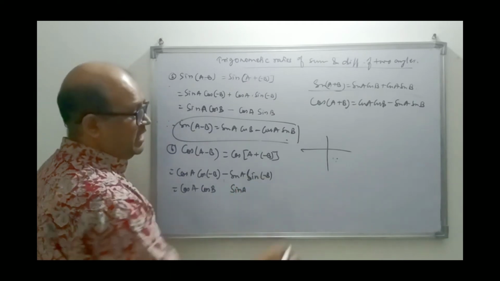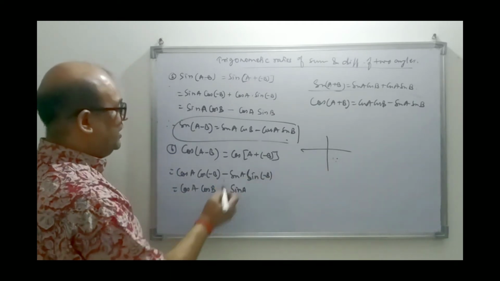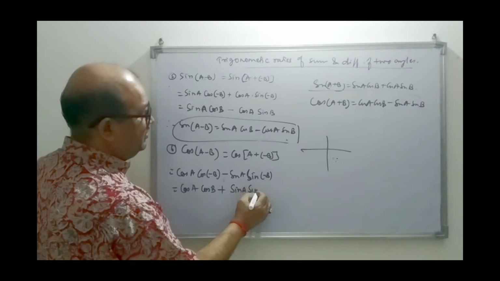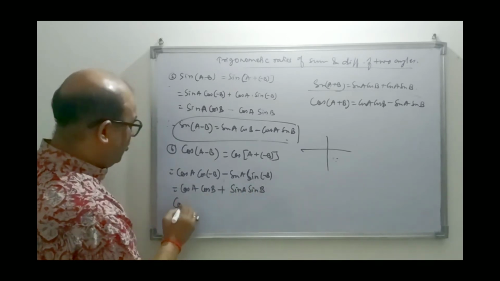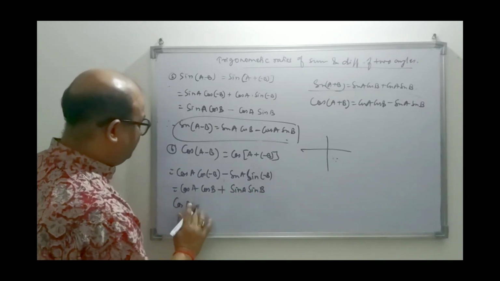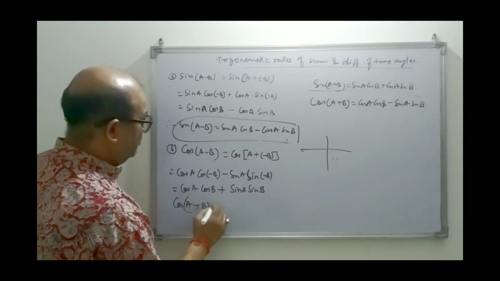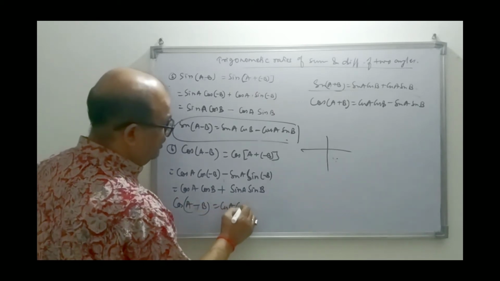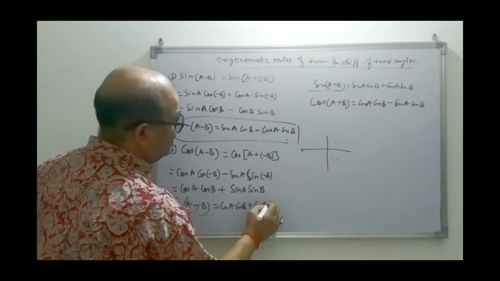Now sin minus theta is minus sin theta, so minus and minus becomes plus sin B. What I get here: cos A minus B equals cos A cos B plus sin A sin B.